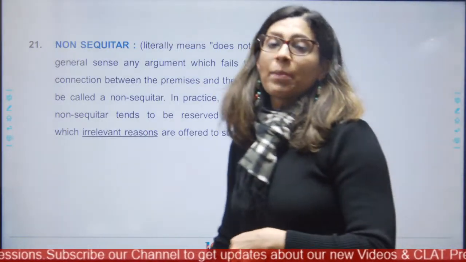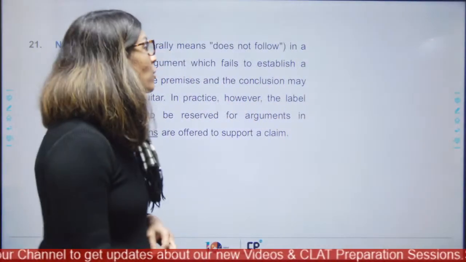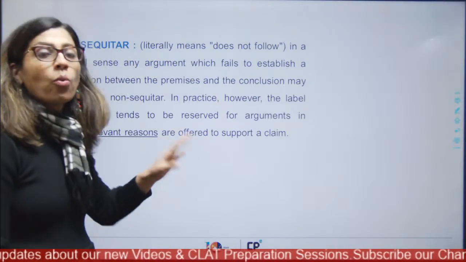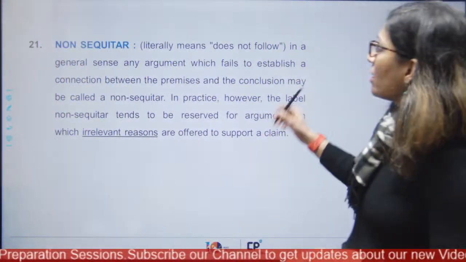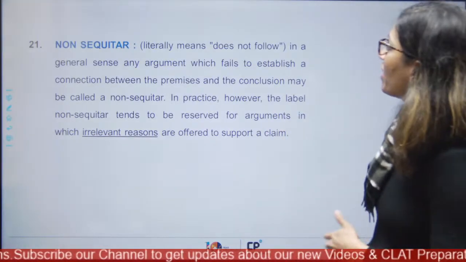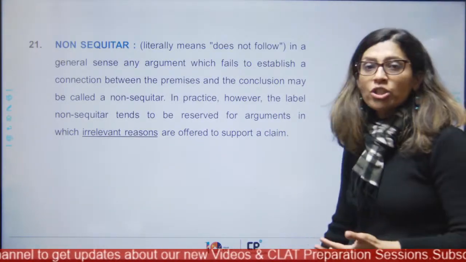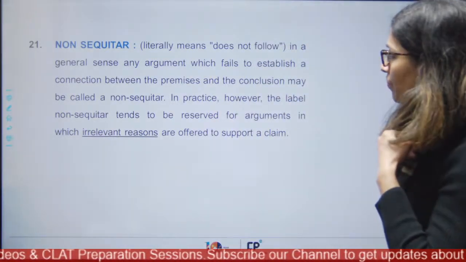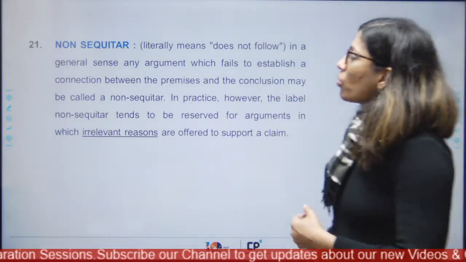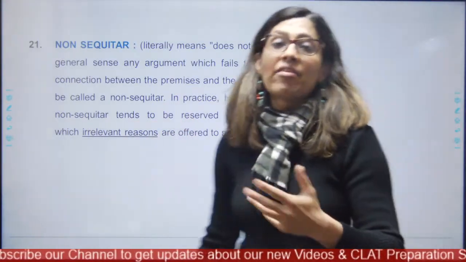In irrelevant premises, the first thing that we have is non sequitur, which means does not follow. In a general sense, any argument which fails to establish a connection between the premises and the conclusion is non sequitur, right? So this is another term for irrelevant premises.